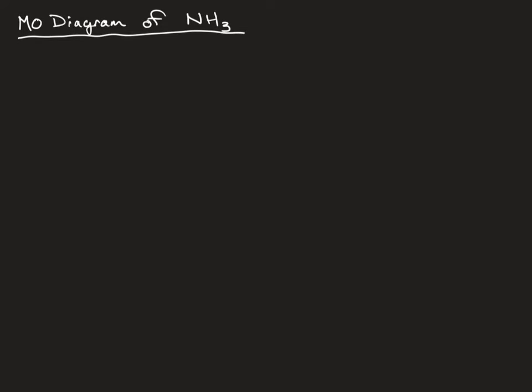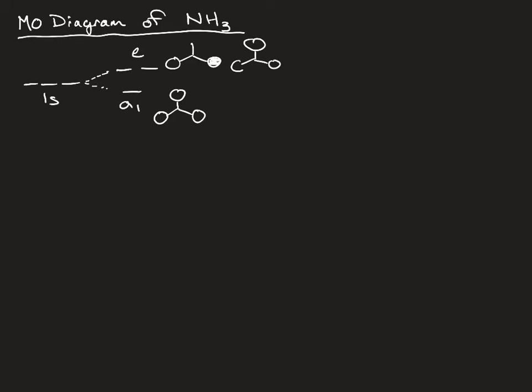So the ligand group orbitals for those hydrogen 1s's split into an A1 type orbital, where those are all in phase, and a degenerate E-type orbital. That looks like that.